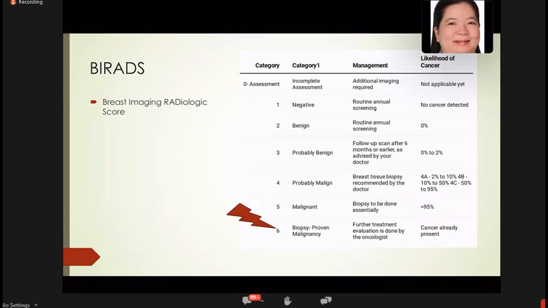BI-RADS 6, minsan kasi nauuna yung biopsy eh. Lalo na kapag palpable yung bukol, nababiopsy ng ibang doktor, then lilipat sa'yo kasi gusto humingi ng second opinion. Okay? Siyempre, ikaw naman, you follow the proper, you request for an imaging. Okay? Pag may bukol na, bakit kailangan magpa-imaging? Kasi minsan, there are other areas, no, na kailangan i-evaluate ng imaging.